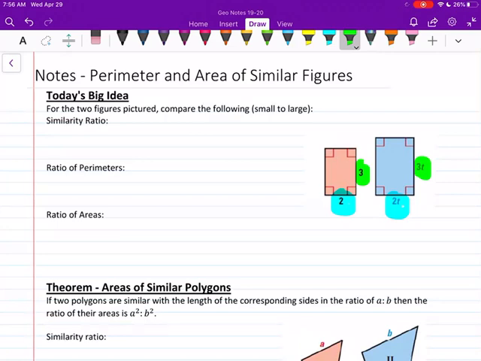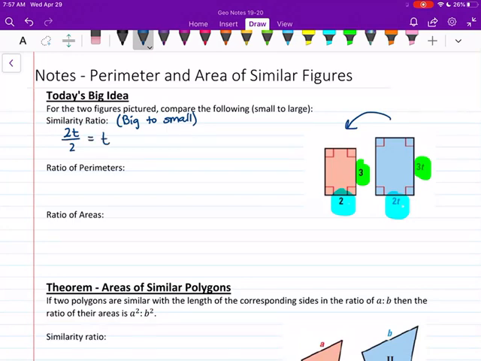Let's go big to small, that way it's a little better. We're going to compare the big one to the small one. So the big one is 2t and the smaller one is 2, which reduces to t.